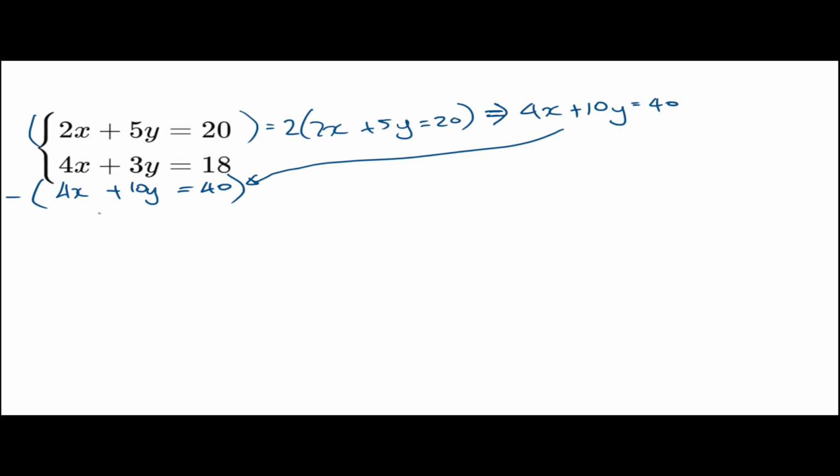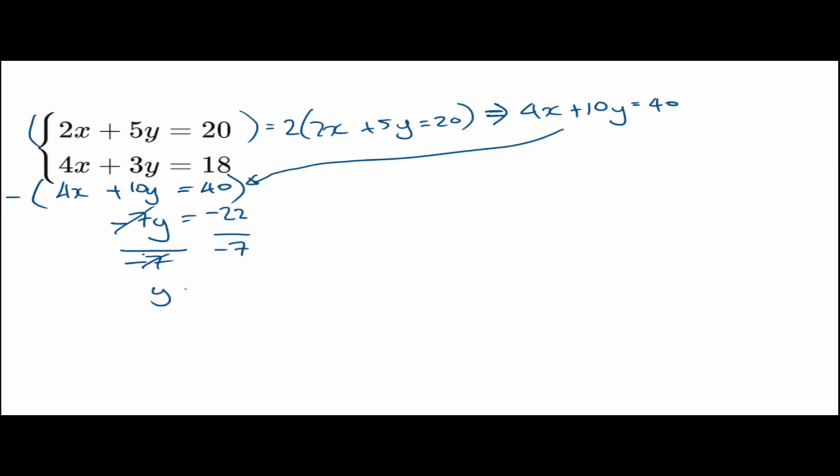So 4x minus 4x is no x. 3y minus 10y is minus 7y. And 18 minus 40 is minus 22. So we're going to divide both sides by negative 7.